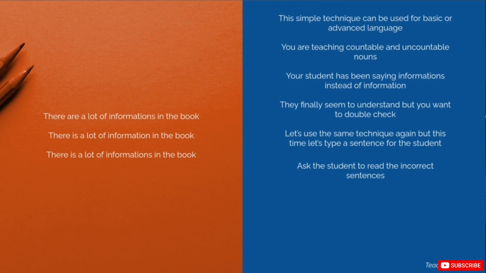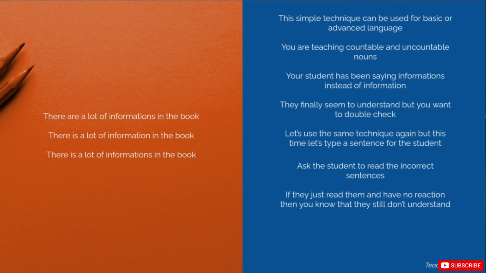So they will read, there are a lot of informations in the book. Okay, read the second sentence. And the student reads, there is a lot of information in the book. And read the third sentence. There is a lot of informations in the book. If they just read them and there's no reaction, you know that maybe they still haven't understood this.